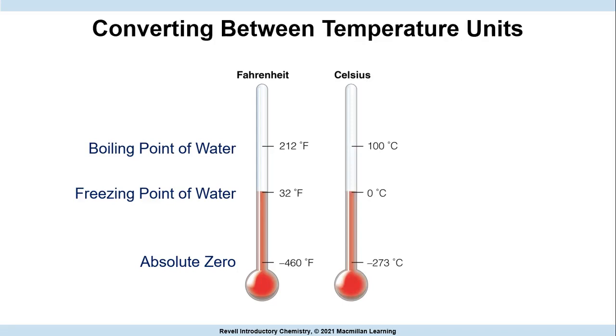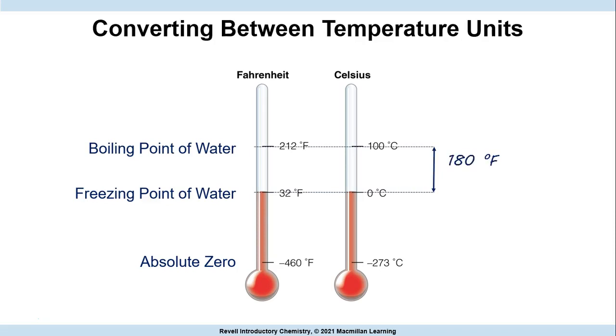Now for the Celsius scale, the absolute 0 is negative 273 degrees Celsius. The freezing point of water is 0 degrees Celsius, and the boiling point of water is 100 degrees Celsius. Now, if you look at the range between the freezing point and the boiling point for the degree Celsius and for the degree Fahrenheit, you will see that 212 minus 32 gives you 180 degrees Fahrenheit.